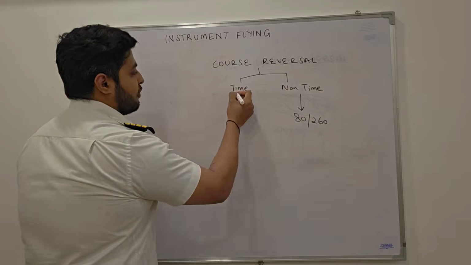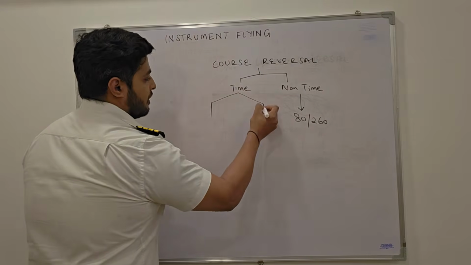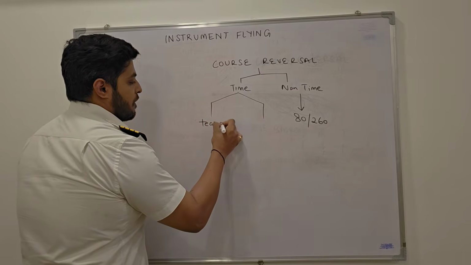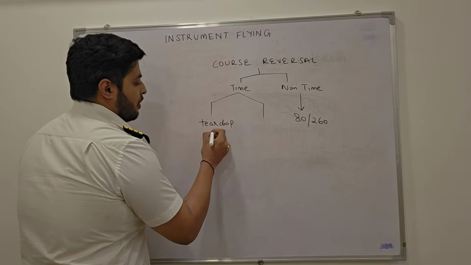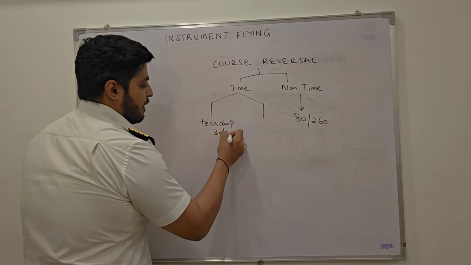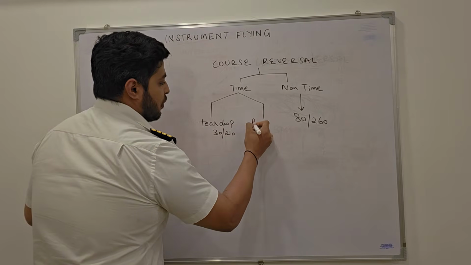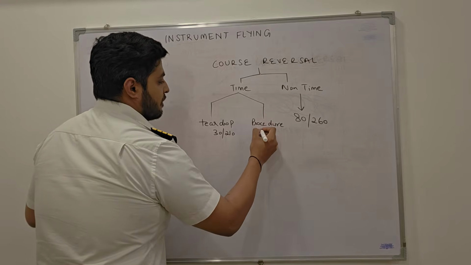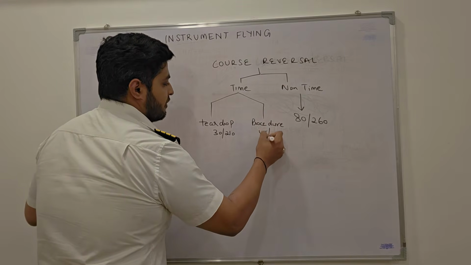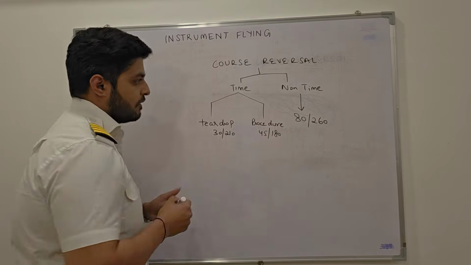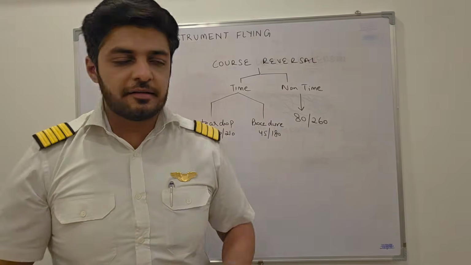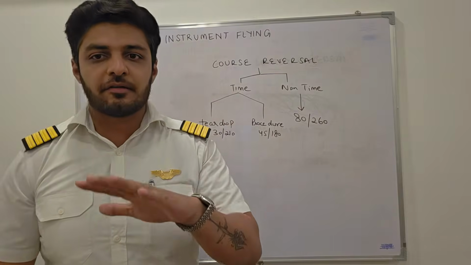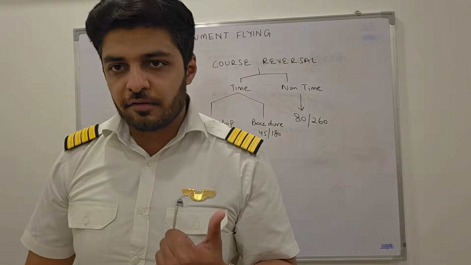In time based, we follow two further types known as teardrop, or 30 to 10, and the commonly used procedure turn known as 45 180. So understand, these are two different types of course reversal which I'll be teaching you right now, and which is the standard to be followed everywhere.